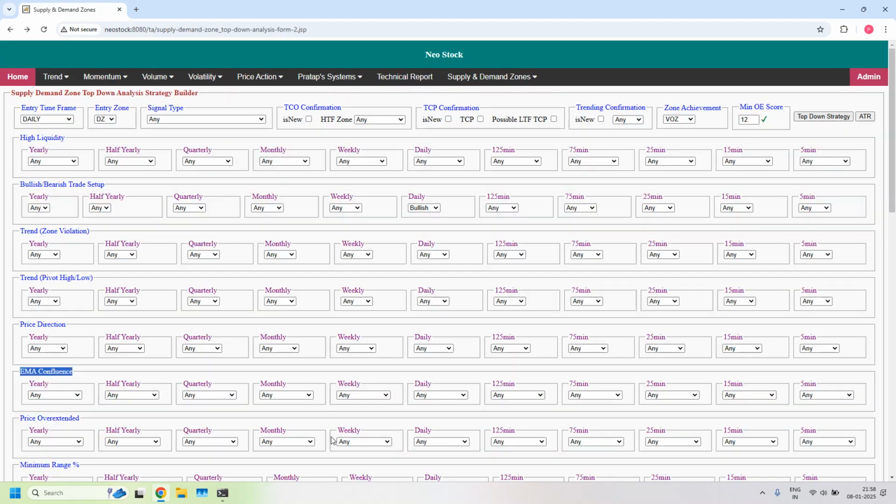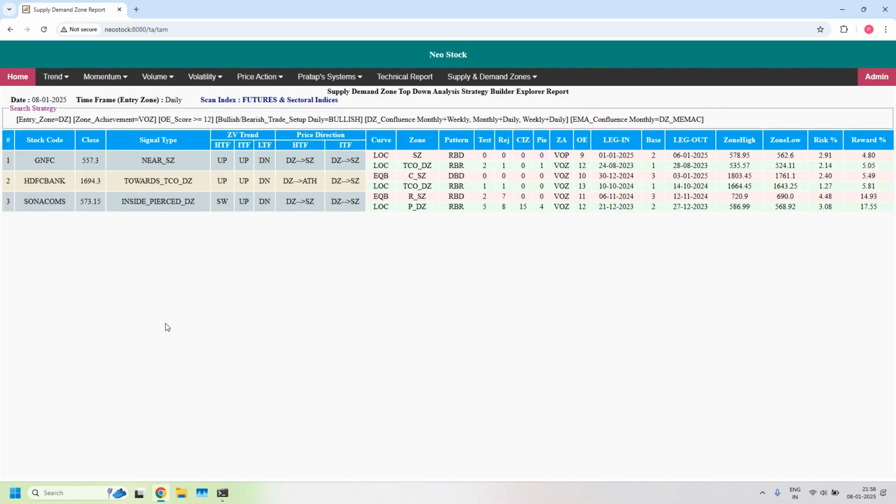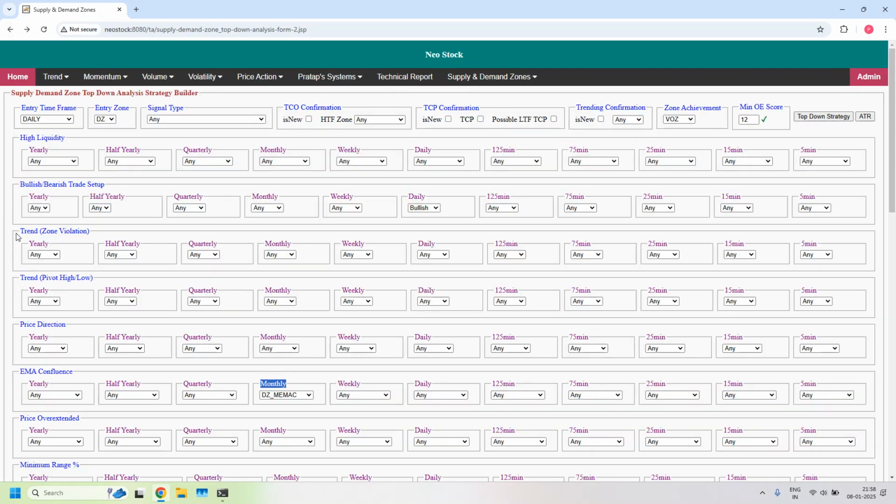So in the EMA confluence at monthly time frame, monthly demand zone having monthly EMA confluence. Ignore the third one, it is a sideways trend. You can also set the filter here in the trend at the monthly time frame.